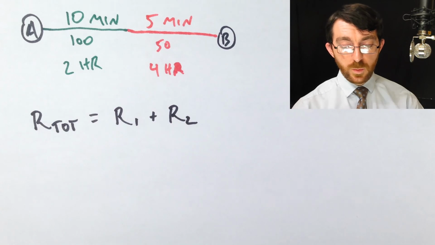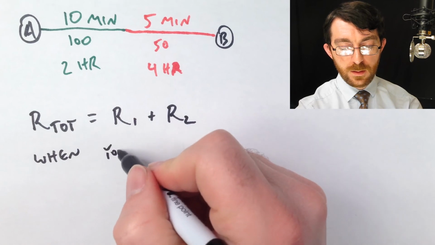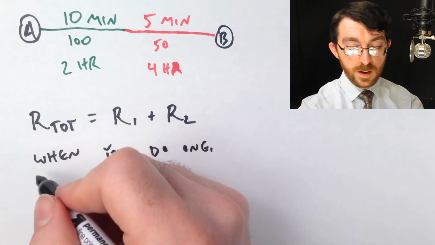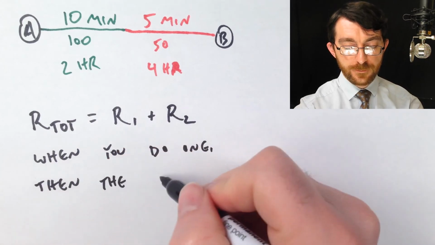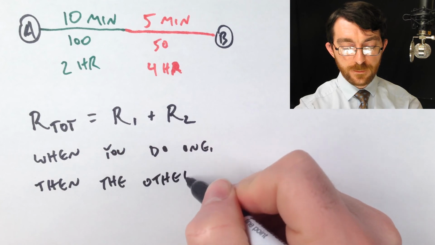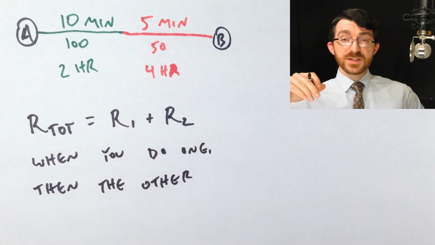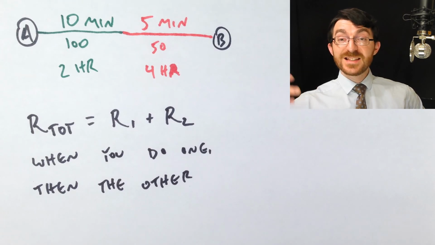This is the way it looks when you don't have a choice. You do one and then the other. You know, where one thing follows another in succession. There is a term for that, and that is called a series.